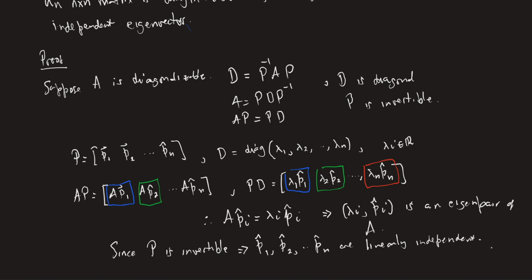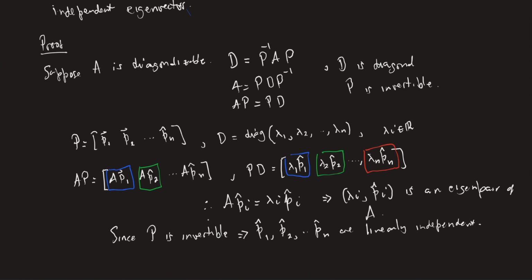Right? So that proves the first part of the statement, that if the matrix can be diagonalized, then it has to have n linearly independent eigenvectors. So we got the eigenvectors from this equation, and then we got the linear independence from invertibility.